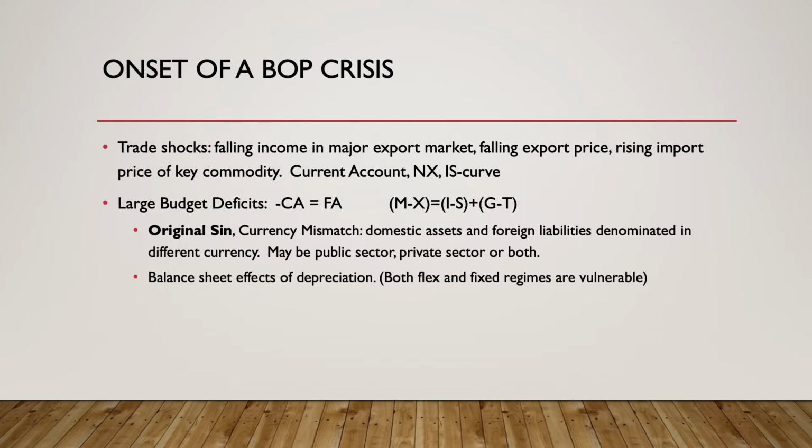Now, what this does is it creates a balance sheet mismatch. Your assets and liabilities are denominated in different currencies. Supposing, of course, that you suffered a depreciation of your currency, the value of your assets would fall relative to the value of your liabilities as the exchange rate depreciated.